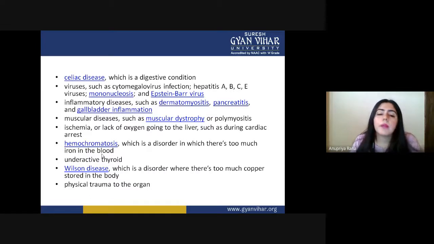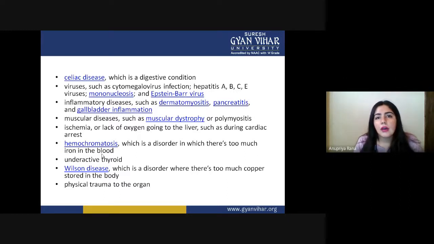If a virus multiplies inside the liver for a long time, it can also cause this kind of increase in enzyme concentration. Muscular diseases such as muscular dystrophy or polymyositis, or lack of oxygen going to the liver, such as during cardiac arrest.